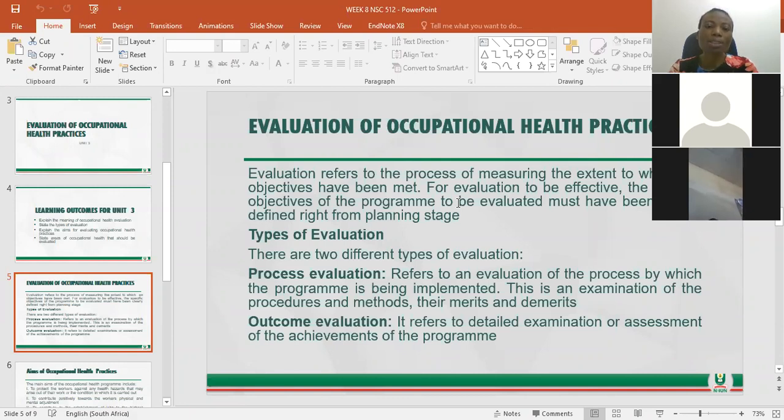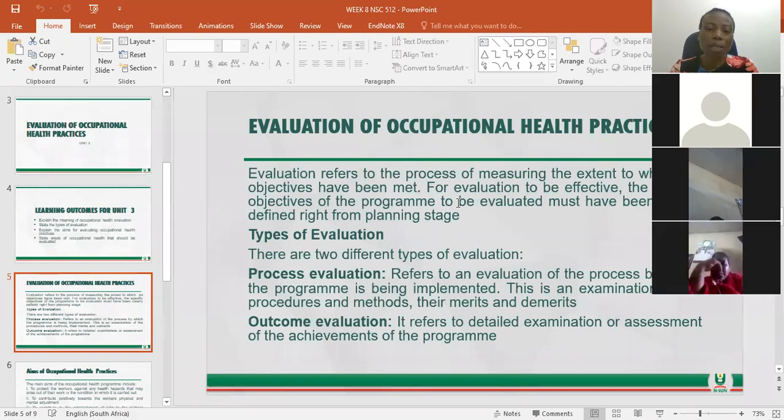So that is evaluation of occupational health practices. In any organization, industry or factory, it is very important to have an objective, a goal. What do you want to achieve? So that at the end of your set time, maybe at the end of the year, or at the end of 6 months, or whatever set time, you can evaluate if it has been achieved or not.